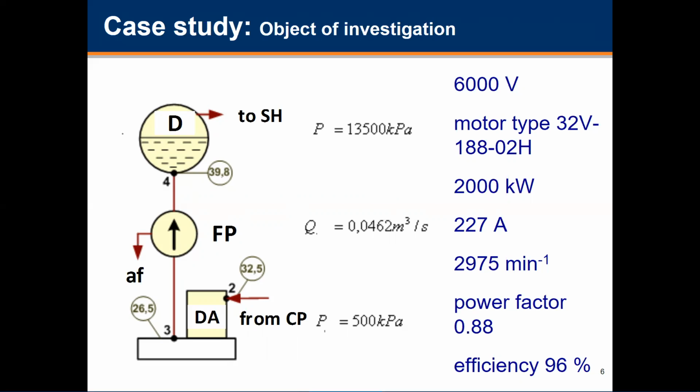According to the proposed classification, the investigation object is a Type 2 lifting system for continuous transport of fluids. The pump is driven by an induction motor with a rated voltage of 6 kilovolts, rated power of 2 megawatts, and efficiency 96%.